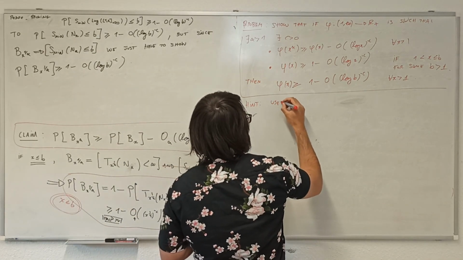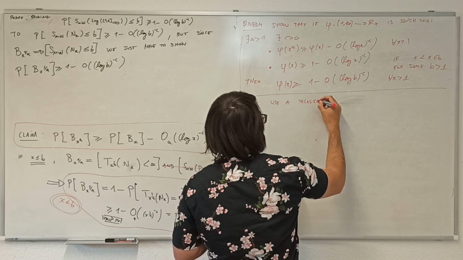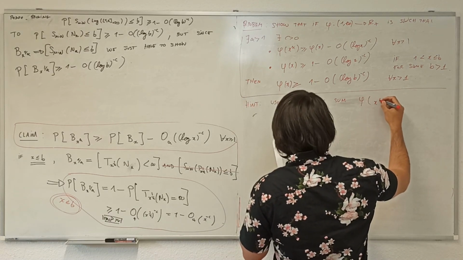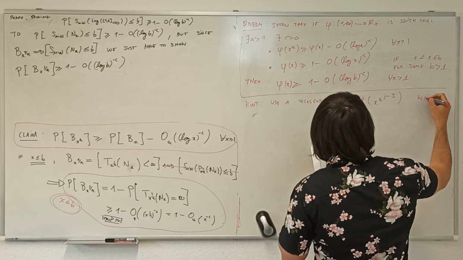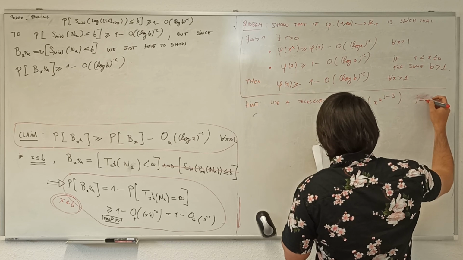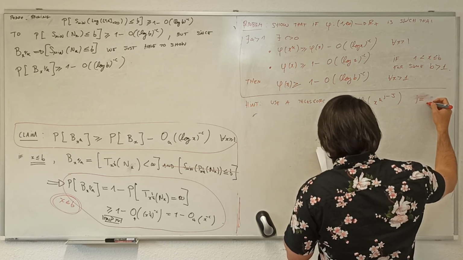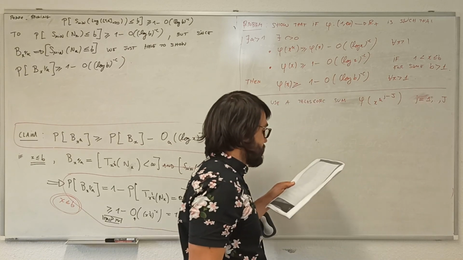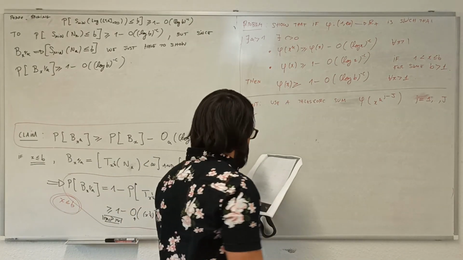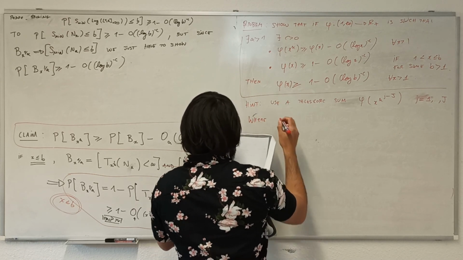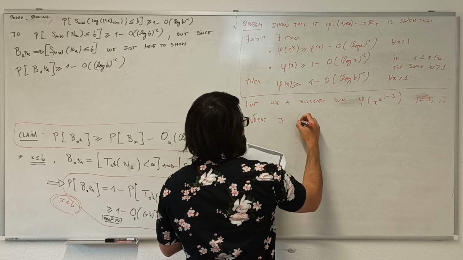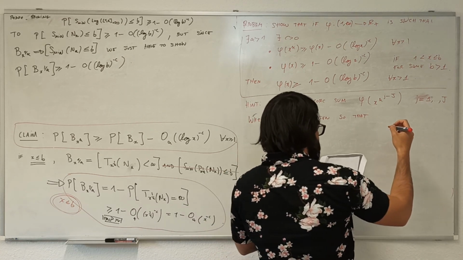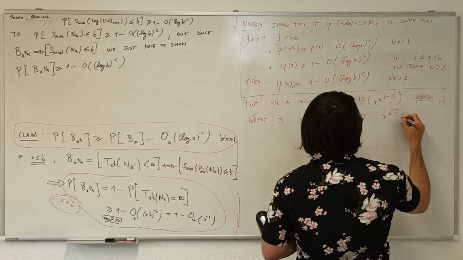So use a telescopic sum for the terms phi of x to the alpha to the j minus capital J. So j for, I don't know if j is 0 or 1, maybe it's 1, j from 1 to capital J, where J is chosen so that x to the alpha minus j is less or equal to b.